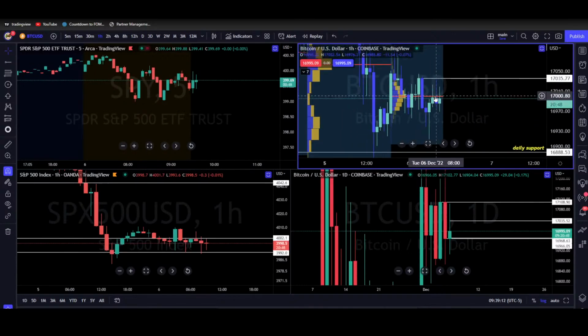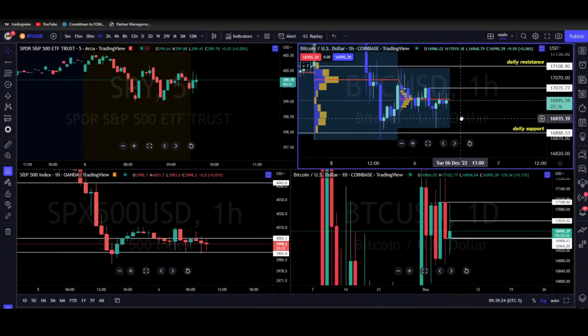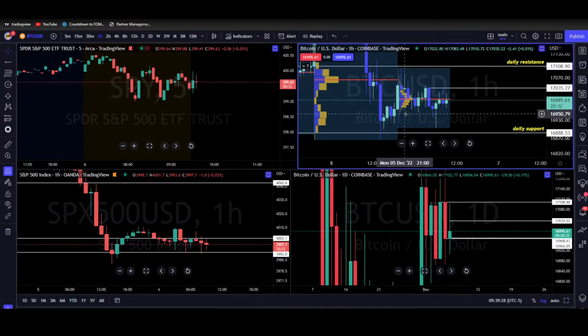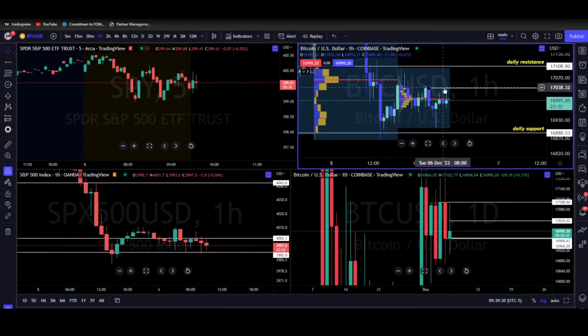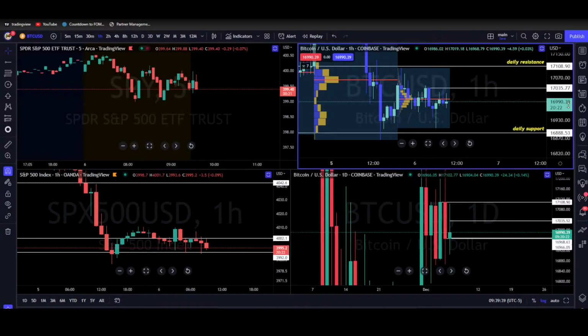This is another area that can absolutely act as resistance. So if the 5 minute stops here and rolls back over, then we're going to be wrong on our analysis. But by taking profits there at 17,035, if it gets up there and rolls back over, we'll be fine, as we would have already taken profits.